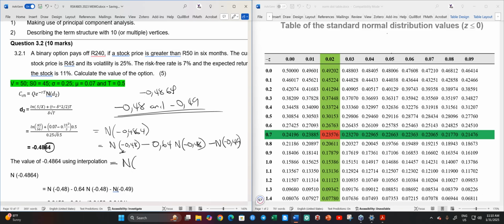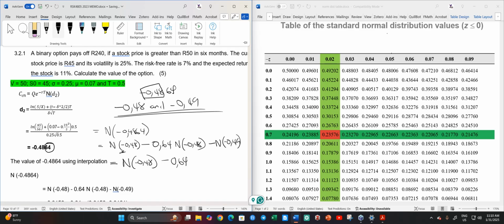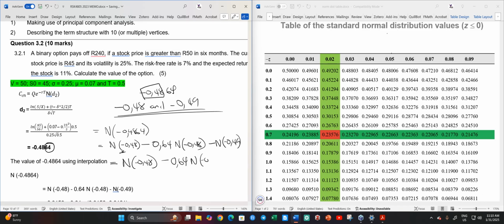So to repeat quickly, to get our answer, we are saying that is equal to n of minus 0.48, which is this part, right, minus the last two decimals, 0.64, multiplied by n of minus 0.48, which is just the repetition, minus, now we're finding the difference between the two, n of minus 0.49, right?